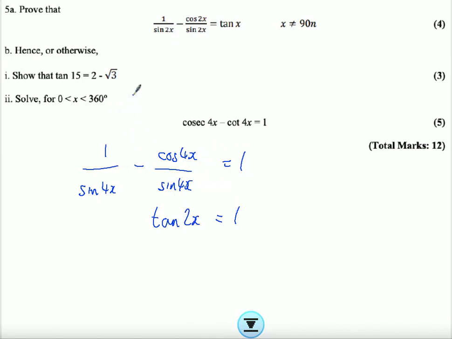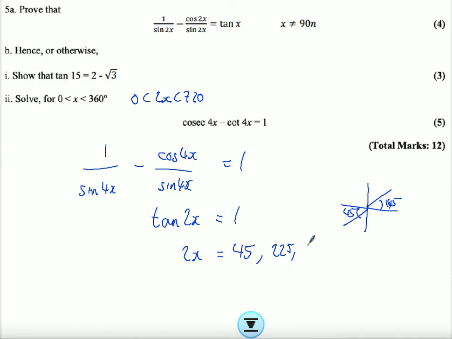Since the input is 2x, we should probably have a think about up to 720 just to make sure. Principal value then, when is tan 1? When it's at 45, isn't it? Cast diagram, 45 there, third quadrant, 45. So we've got 225, and then let's go for another cycle, shall we?